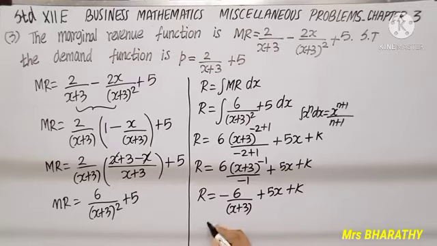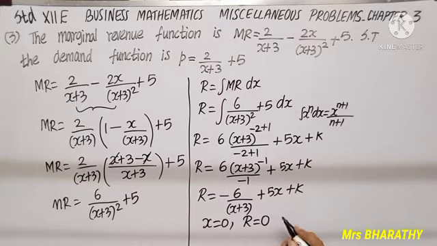plus k. When x is 0, that is when the output is 0, there is no revenue, so R becomes 0. As I substitute x as 0, R is also 0.